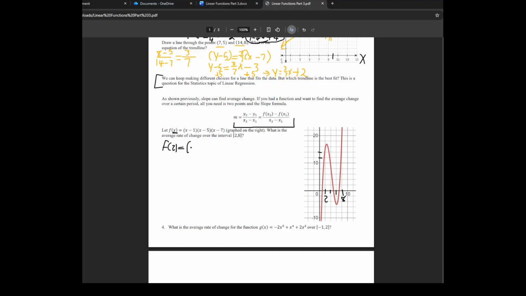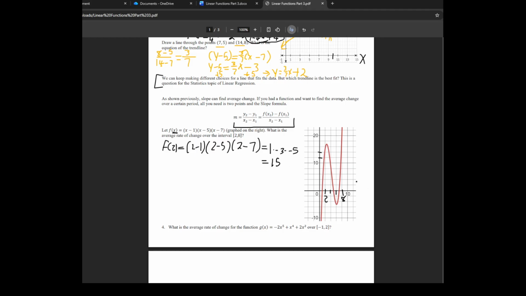So f of 2 should be 2 minus 1 times 2 minus 5 times 2 minus 7. This just turns into 1 times negative 3, times negative 5, which is just positive 15.